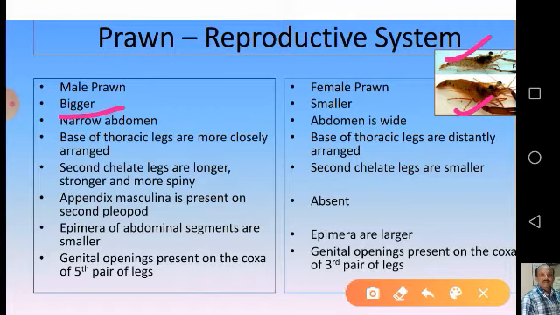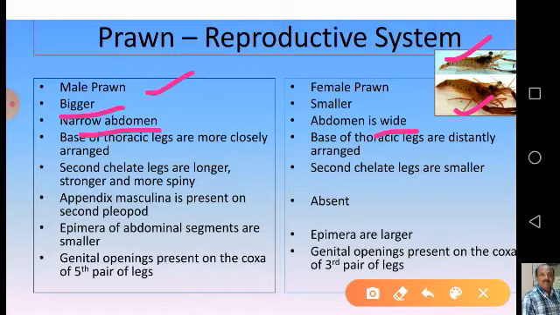The narrow abdomen belongs to the male prawn when compared to the female. The abdomen of the female is somewhat wider when compared to the male prawn. These are the two differences.